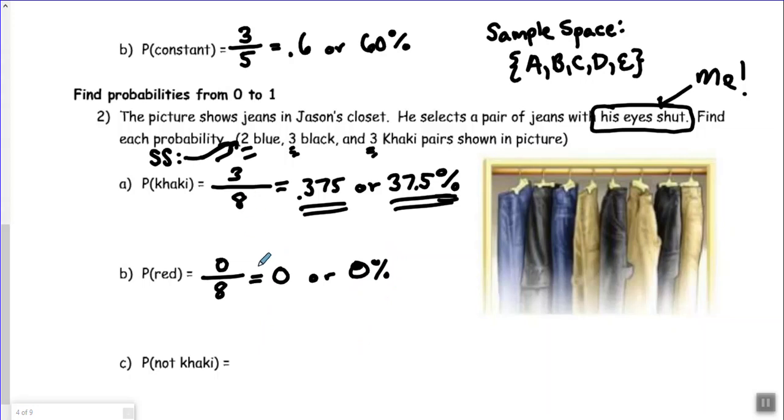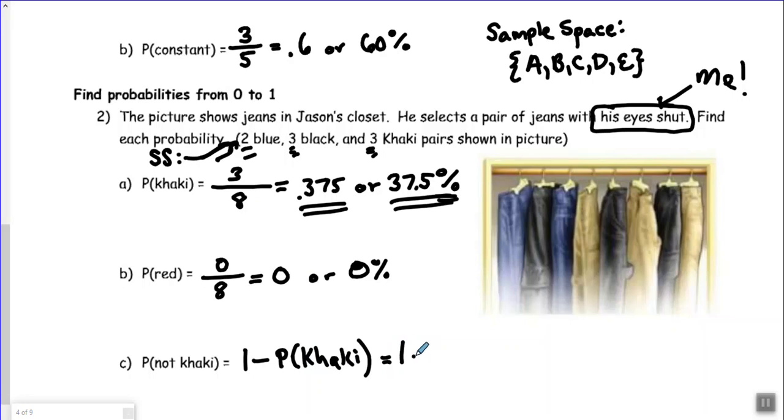Well, if you're doing the probability of not khaki, then that means that you can pick blues and blacks and get 5 pretty easily, right? But let's do 1 minus the probability of khaki. Okay? We've already found that the probability of khaki was 3/8.